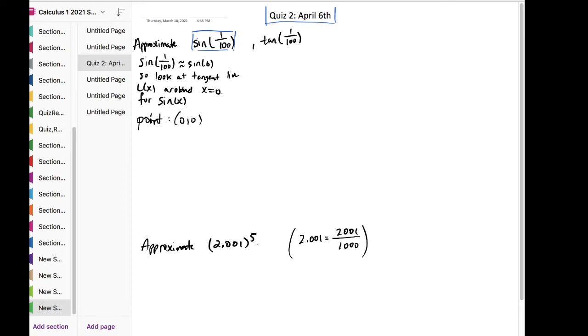And what's the slope? How do you find the slope of the tangent line? Yeah, you take the derivative of sine, and then what do you do after that?